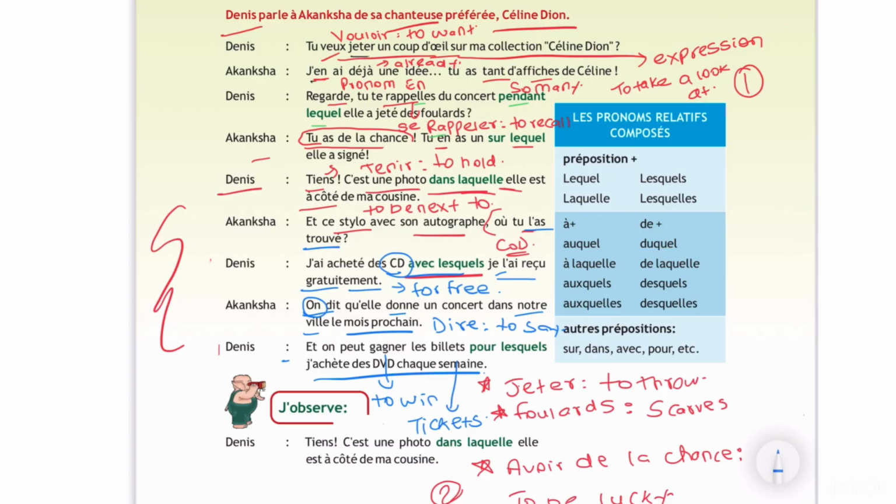Quebec is a region in Canada, which is a French-speaking region. As we can see, there were a lot of pronouns here, be it pronom relatif composé or pronom personnel. These are extremely important for our section C, that is grammar, and I've already got videos on it, so you can refer to that.